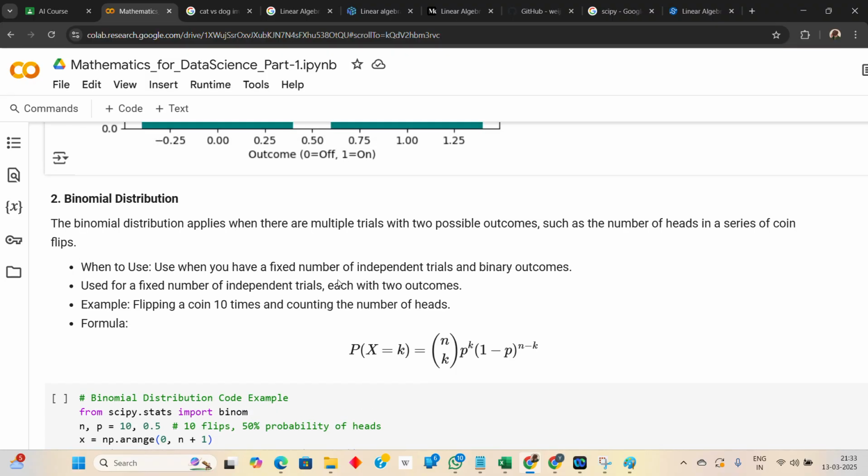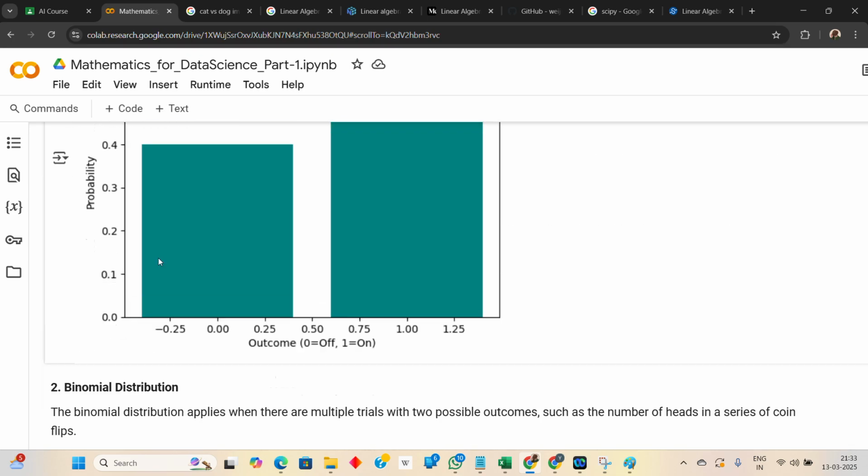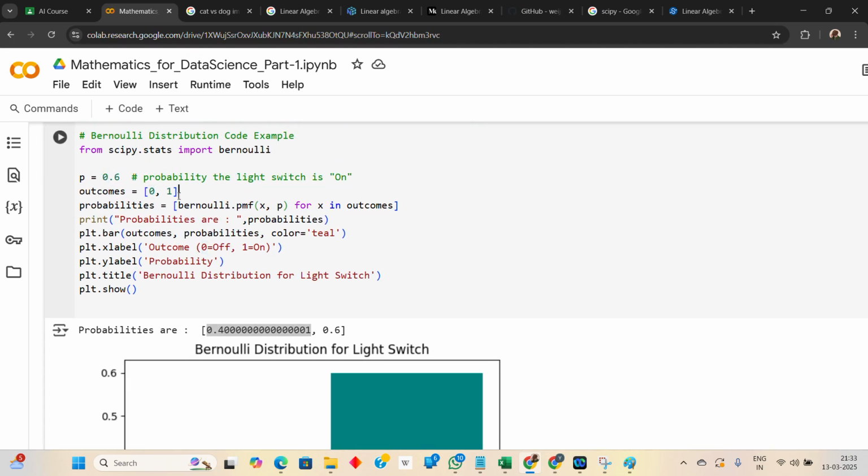So binomial is the second thing. First, in Bernoulli, only two outcomes are there. But when it comes to binomial, you are repeating a simple Bernoulli trial a number of times, and that is what binomial is. Earlier I told you, you are tossing a coin.